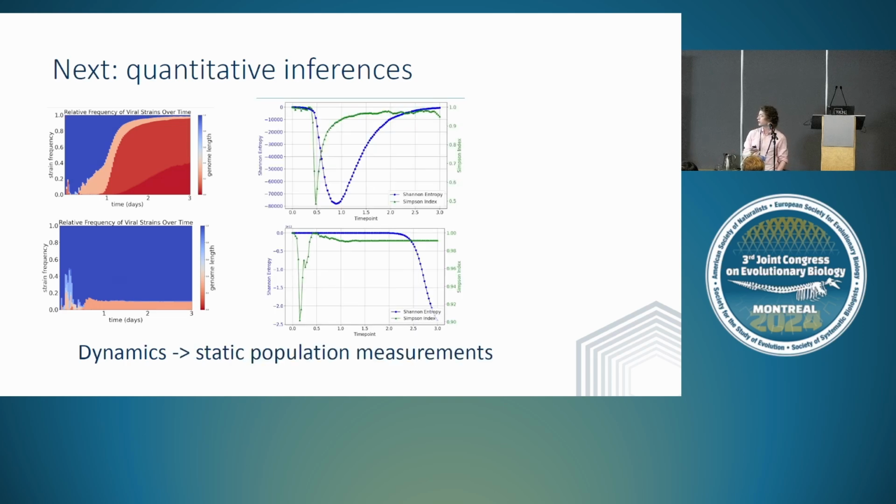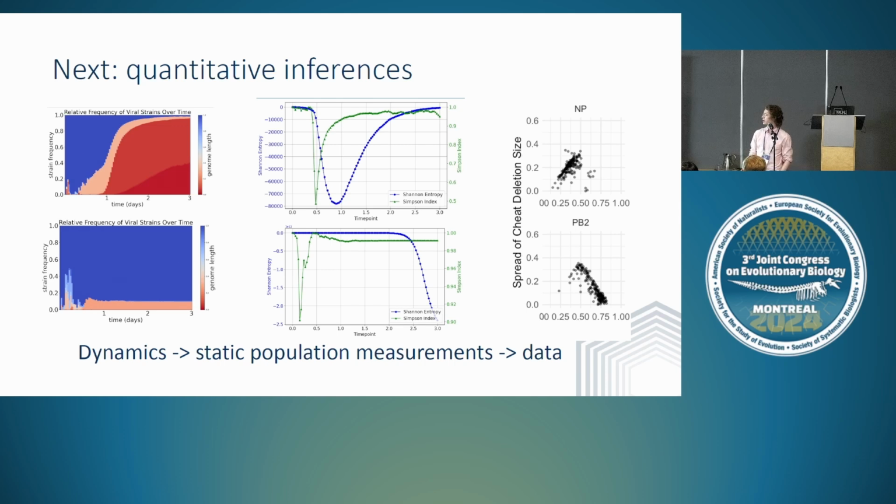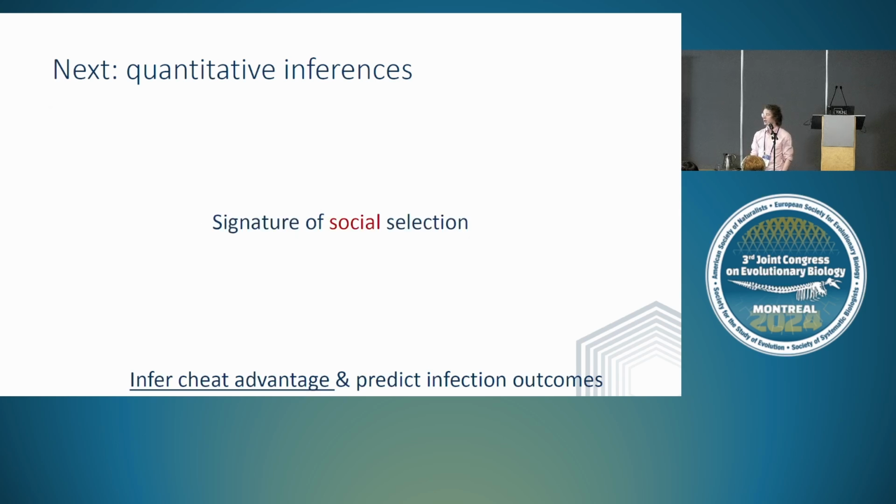We can use these to draw out population-level statistics that we can measure, like diversity of genomes in the population. My idea is that we can then use these to infer from signatures in real data sets what might be going on. There are two things that I'm really interested in doing. The first is that I think we can infer this alpha parameter, this magnitude of cheat advantage, from natural infections.